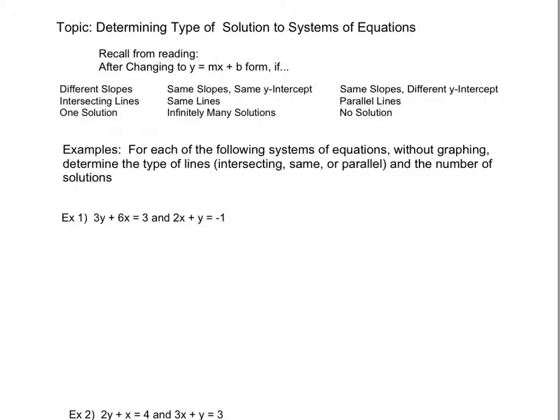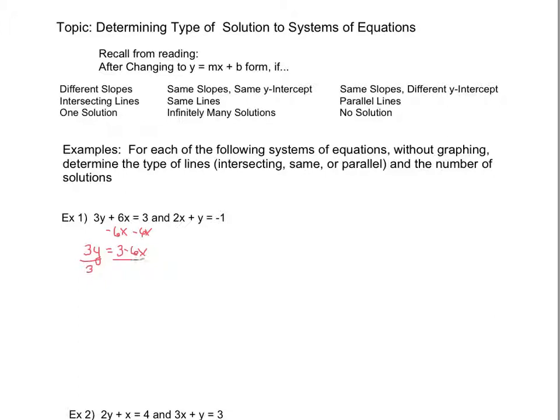Looking at the first example, I noticed that neither of these equations are in y equals mx plus b form, which as you saw in the reading, it does need to be first. So I'm going to change each of these to y equals mx plus b form. In the first one, I'm going to subtract 6x from both sides, giving me 3y equals 3 minus 6x.